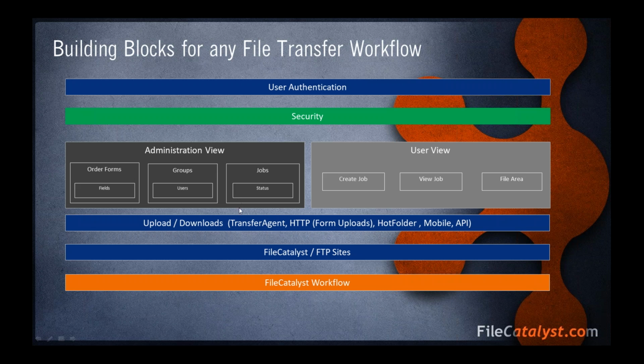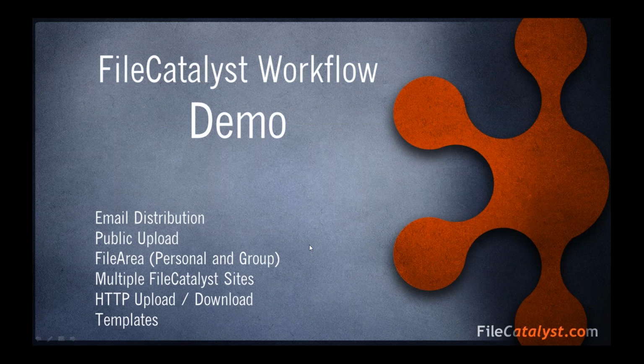You have different transport mechanisms with either transfer agent, HTTP form uploads, or hot folder. Those are mapped to specific sites, so each user could be assigned a different site. It could be either FileCatalyst or FTP site, and all of this is part of workflow.